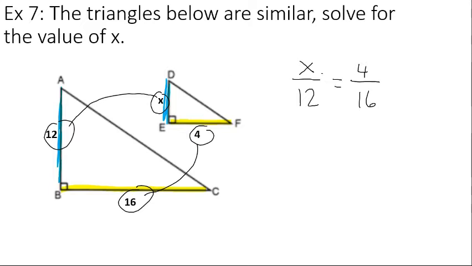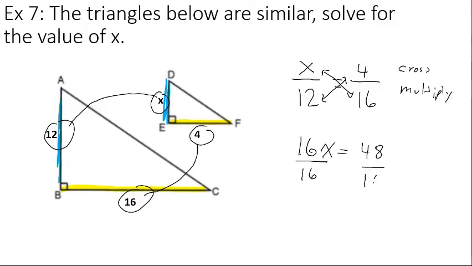I'm going to cross multiply. So x times 16 gives me 16x. And then 12 times 4 gives me 48. And I divide by 16. So I have 48 divided by 16, which gives me 3. So x equals 3 right here.